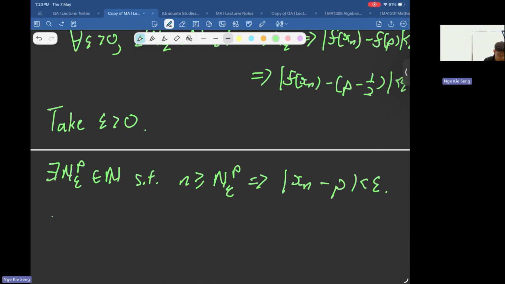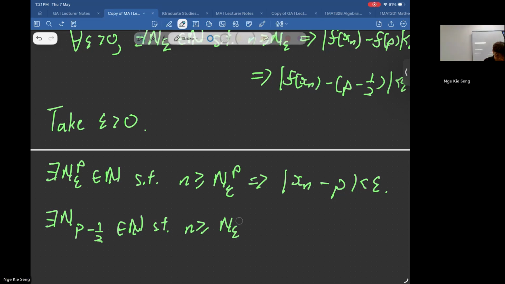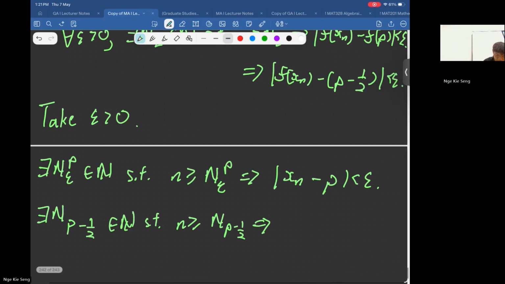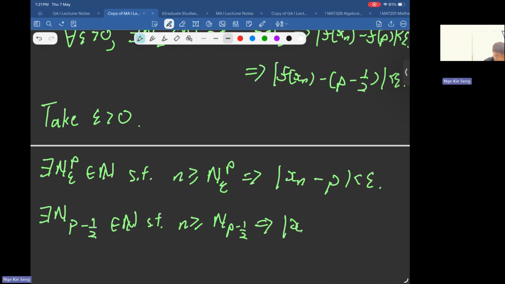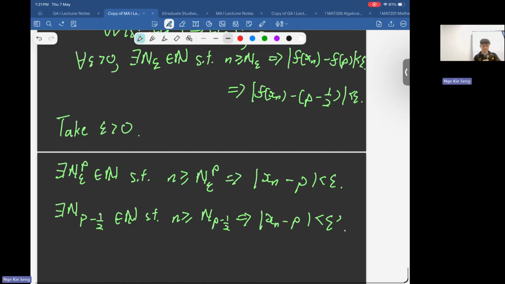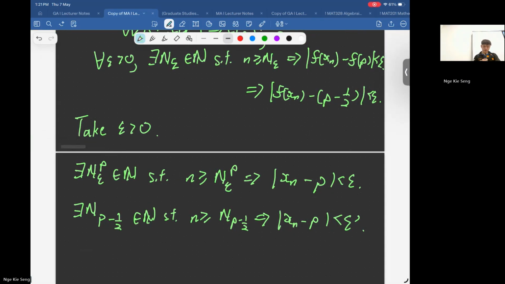And then I also pick epsilon. This epsilon is what Taylor suggested: take p minus half. Let's call this N such that n greater than or equal to N epsilon of p minus half, then I get |S_n minus p| less than epsilon.